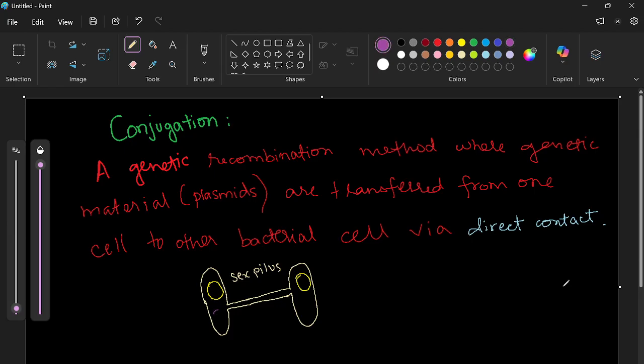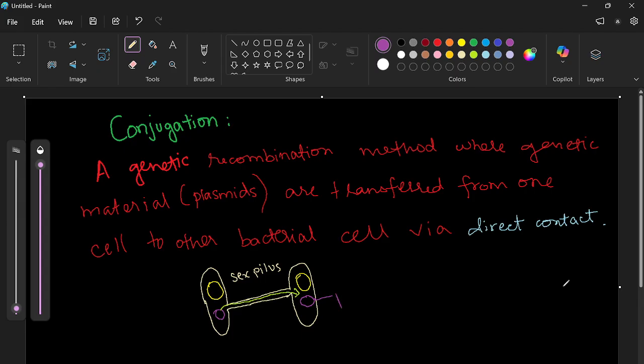So this cell has a plasmid, but what will happen? This cell is in direct contact. It forms a sex pilus, which extends to another cell, and these two are in direct contact ready for the conjugation method. So this plasmid will travel all the way from here to here as well. I'm just giving a basic idea. I'll explain step by step, don't worry.